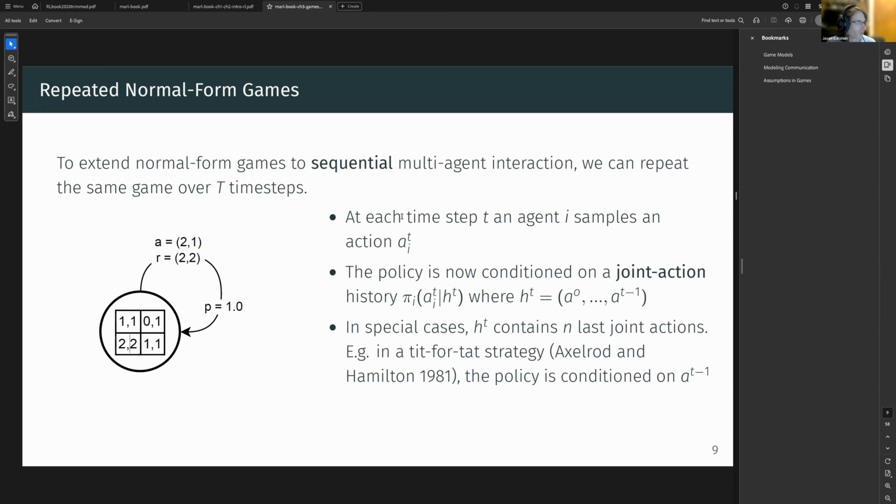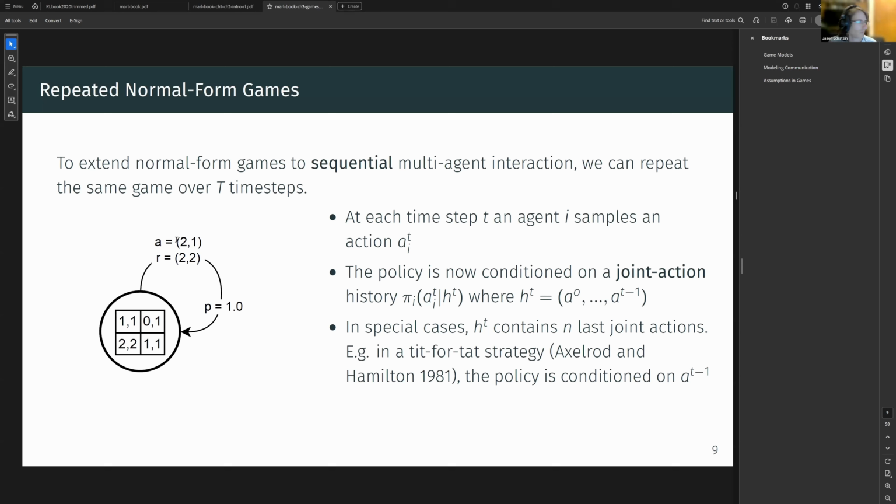So this is a sequential interaction. The agents continue to sample. However, the policy now is conditioned on the history. And here the history is the joint action history. We could also consider limited history, but it's just a subset of this general case where this game is repeated, right?